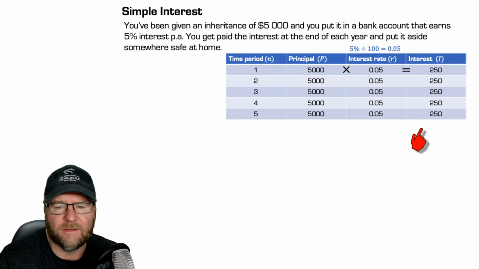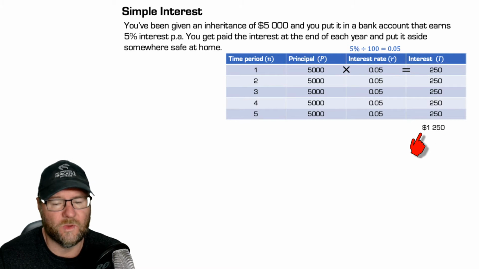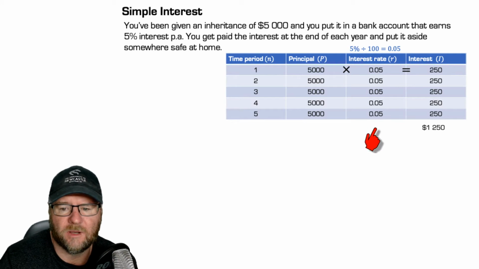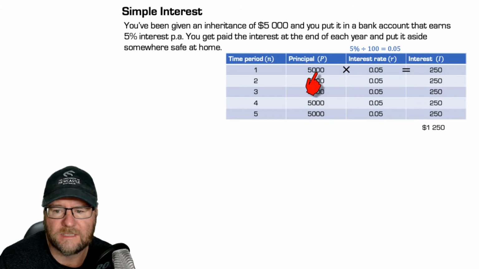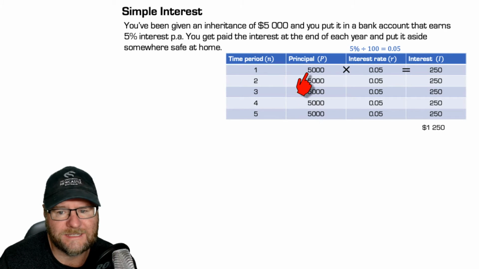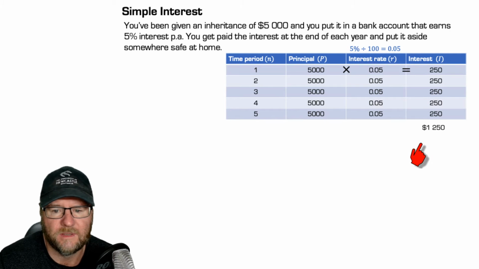So at the end of that 5-year period, when I total up all the interest earned, it comes to $1,250. That is an example of simple interest, because in simple interest, you'll see the principal or the balance doesn't change. Okay, and it's the same amount of interest being earned in each time period.